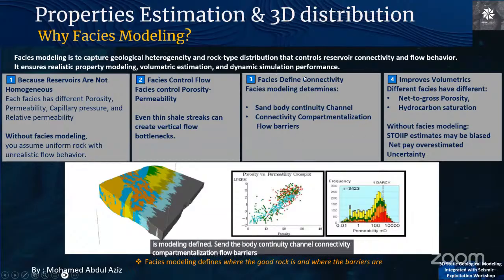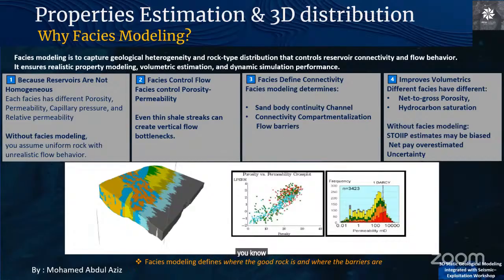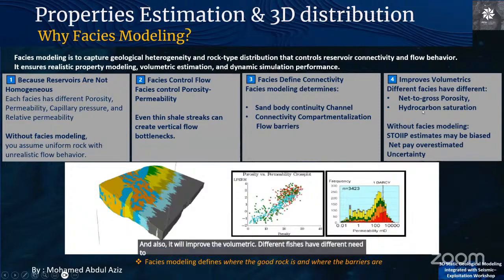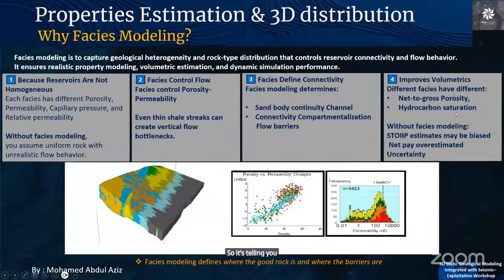All of these examples justify the importance of facies modeling. And also, it will improve the volumetrics. Different facies have different net to gross, porosity, and hydrocarbon saturations. So it tells you where the good rock is and where the barriers are.